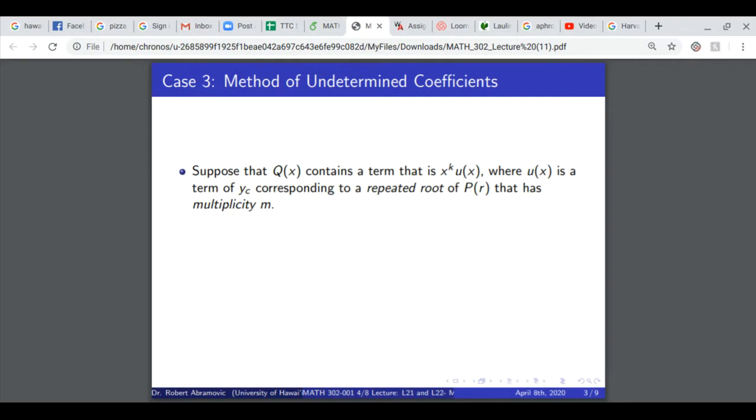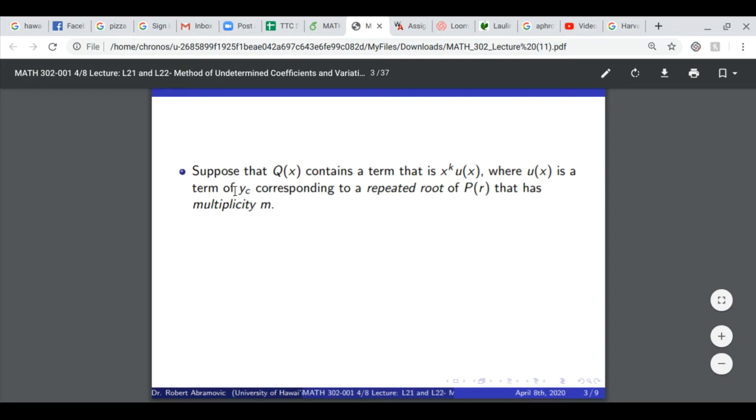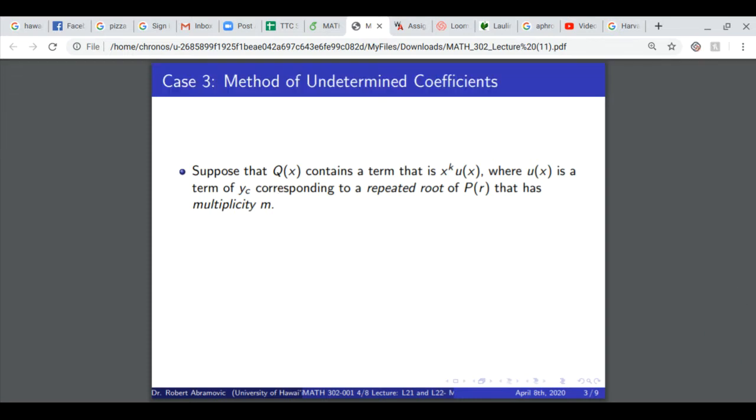Suppose q of x, the function on the right-hand side of the non-homogeneous equation, has a term that's x to the k times u of x. Here u of x is a term of the complementary function, the general solution to the associated homogeneous equation, and that corresponds to a repeated root of p of r, the characteristic polynomial, that has multiplicity m.